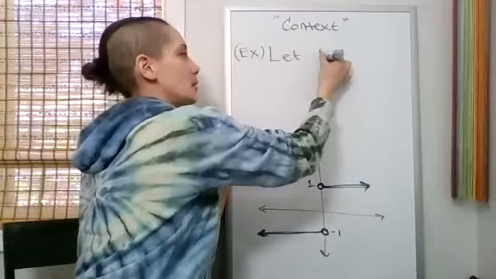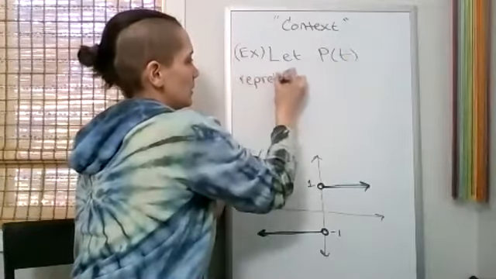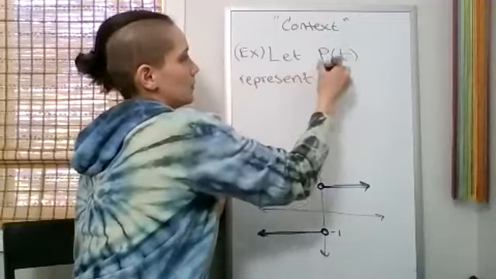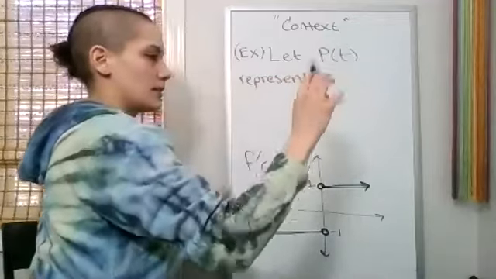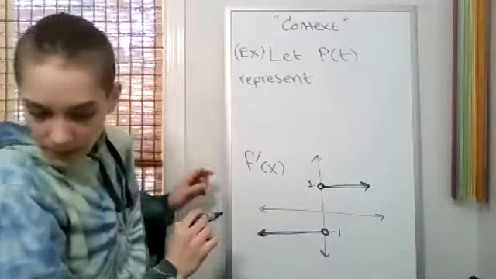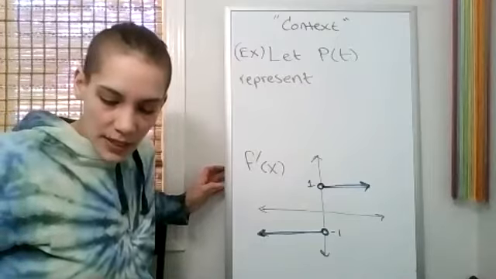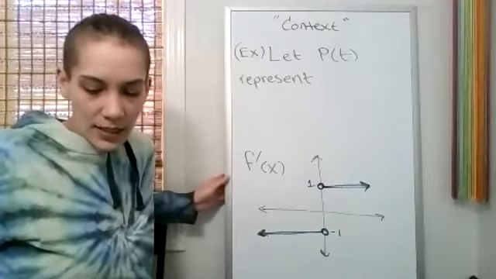I think I called it P of t, representing population size, where t is time in years since 1900.